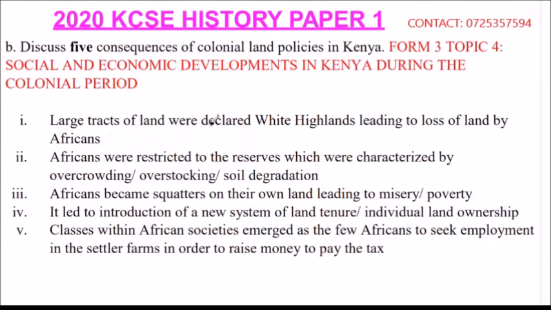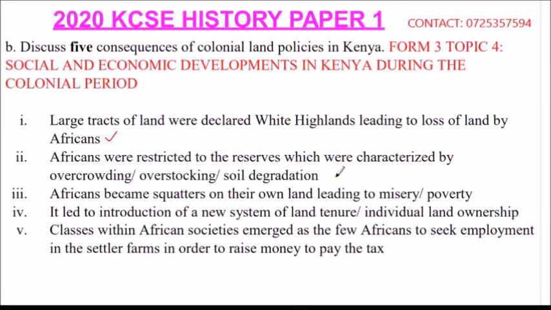Number 1, large tracts of land were declared white highlands, leading to loss of land by Africans. So the whites settled in the best part of the land and pushed the Africans away. Number 2, Africans were restricted to reserves which were characterized by overcrowding, overstocking, and social degradation.